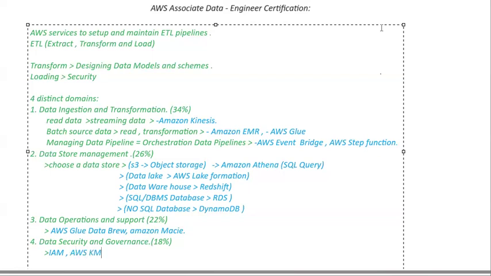By using AWS KMS, the Key Management Service, we can encrypt and decrypt our data using keys. So even if an unauthorized user accesses it, since it is encrypted data, he cannot understand it, so he cannot use it.